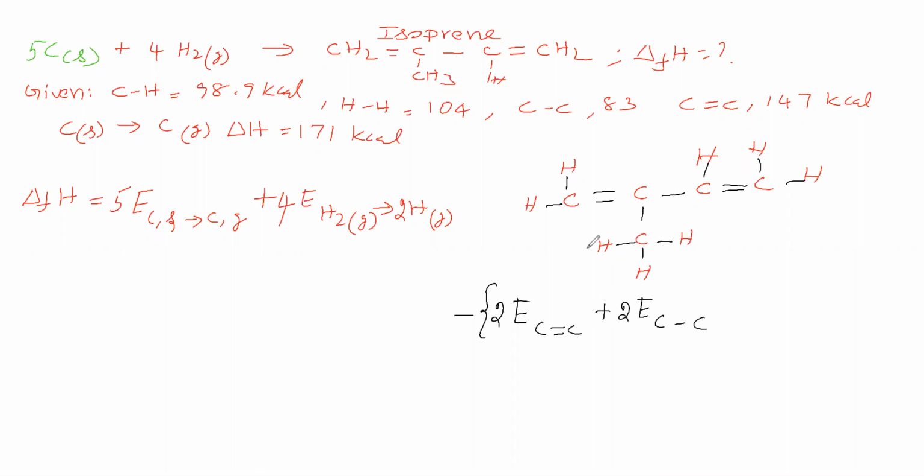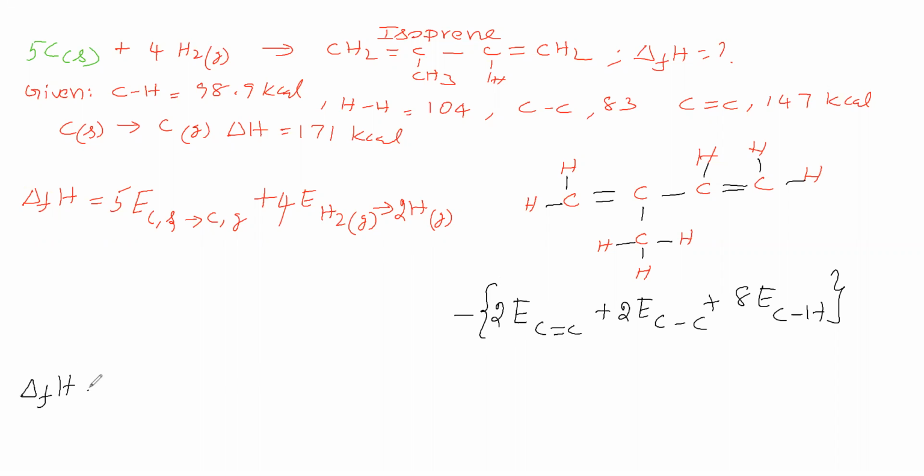Then CH bonds: here 2, here 3, 5, here 2, 7, here 1, 8. 8 CH bonds, therefore 8. These bonds are produced, and when bonds are produced energy is liberated, that is exothermic, so we have written minus. Now we will substitute energy values.